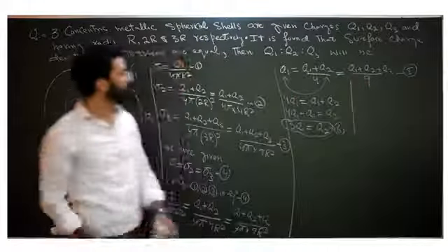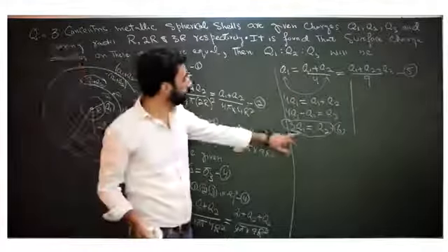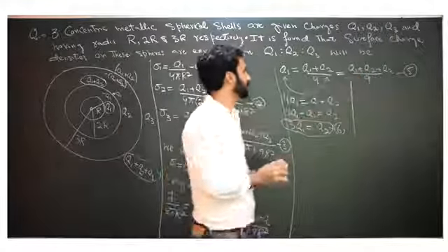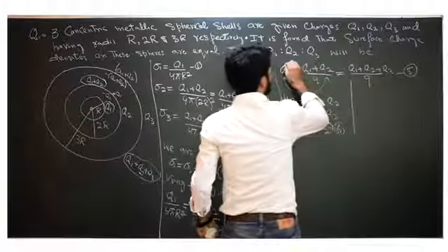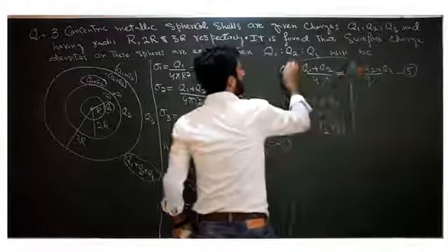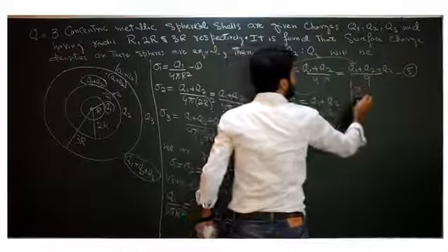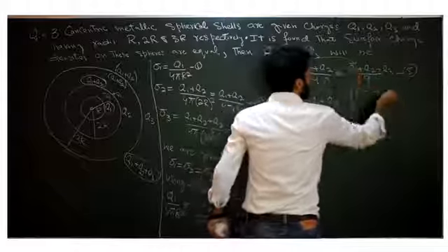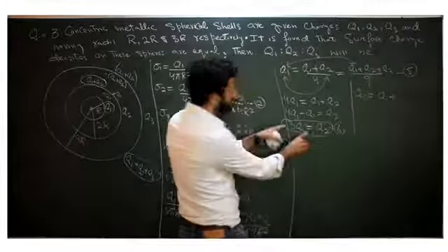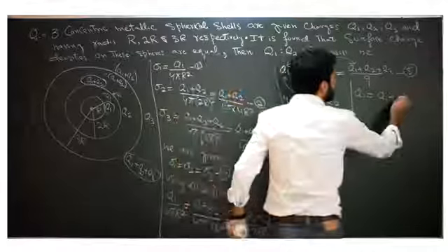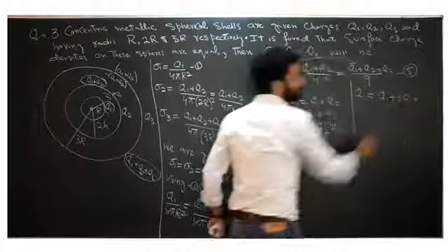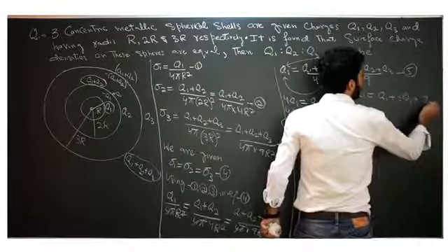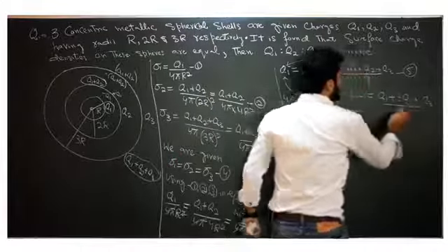Now also, we can use this value of Q2 in this equation. If you equate these two, you have Q1 is equal to Q1 plus, in place of Q2, I will be writing 3 times Q1, so 3 times Q1 plus Q3, divided by 9.